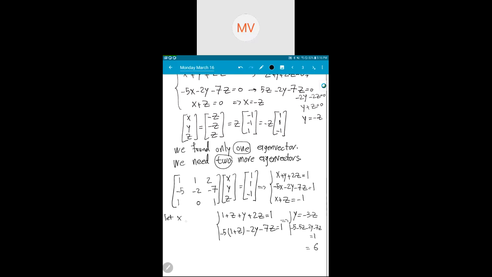What else does it change? So here we're going to have negative 1 minus z. Am I good now? x plus z equals negative 1. Solve for x, plug it here, and then same thing down here.